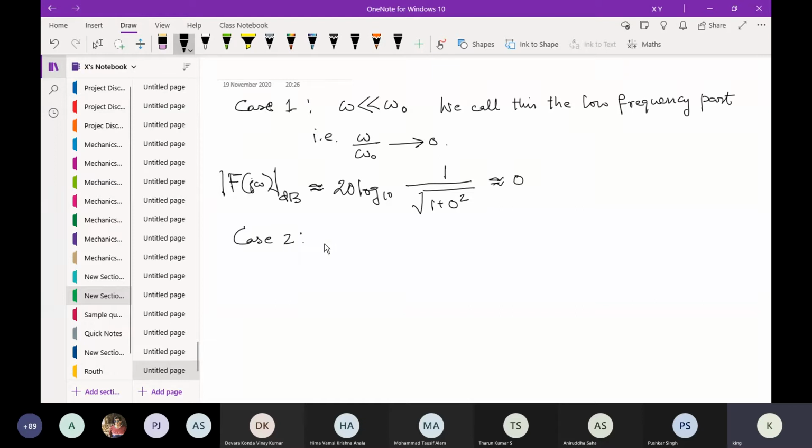Case 2. We call this the high frequency part.